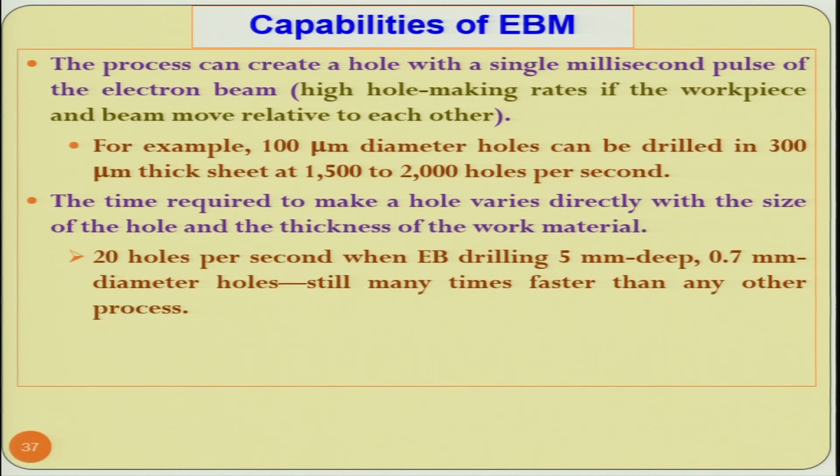20 holes per second when electron beam drilling 5 millimeter deep. So, you can see the difference: here it is 2000, there it is 20, but the thickness of the sheet has increased from 300 micrometer to 5000 micrometer, or 5 millimeter, and a 0.7 millimeter diameter hole is there, while it was the 100 micron hole.